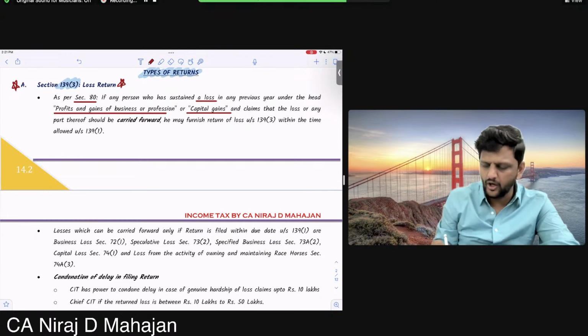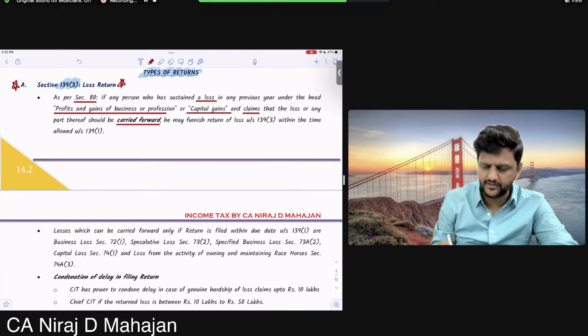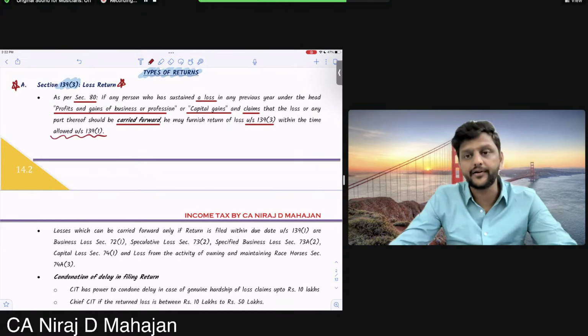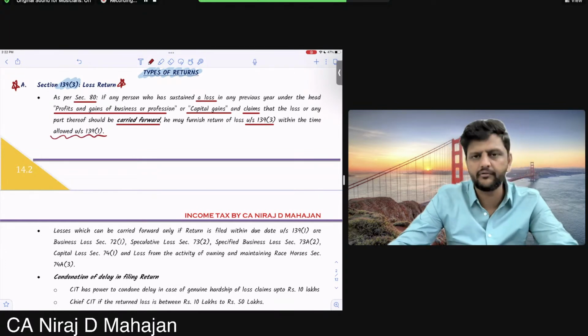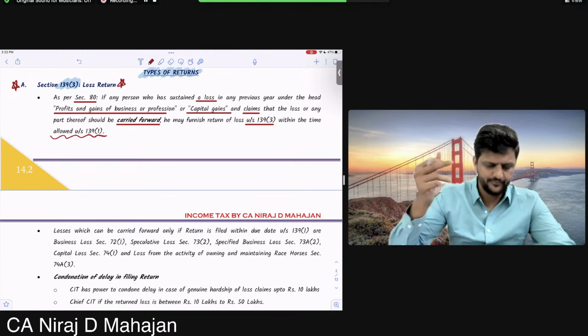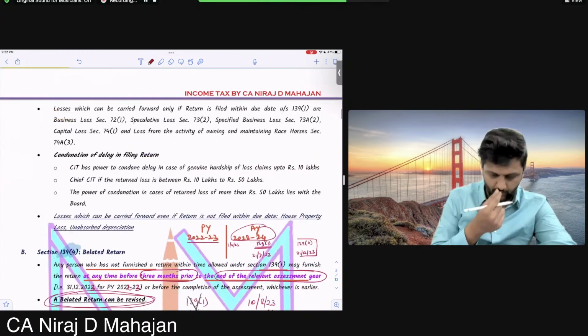And claims that loss or any part thereof to be carried forward, he may furnish a return under section 139.3 within the time limit of 139.1. That return will be called a loss return under 139.3. But the due date is what? 139.1.